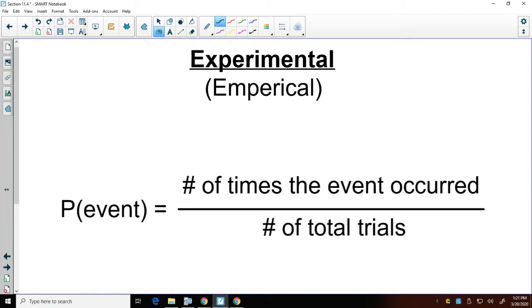How many times did we do the experiment? How many times did we flip the coin? How many times did we roll the die? That's all it is. It's just like theoretical, but this time we're basing it off of what actually happened. Theoretical is what we hoped was going to happen. Experimental is what actually happened.